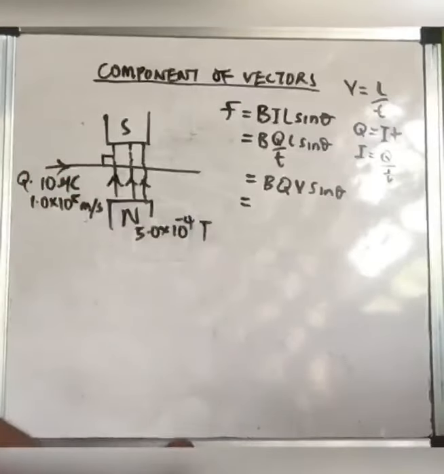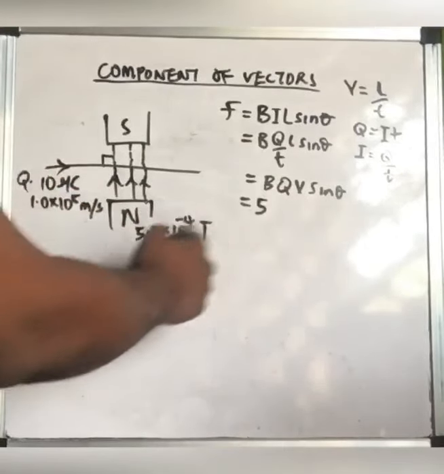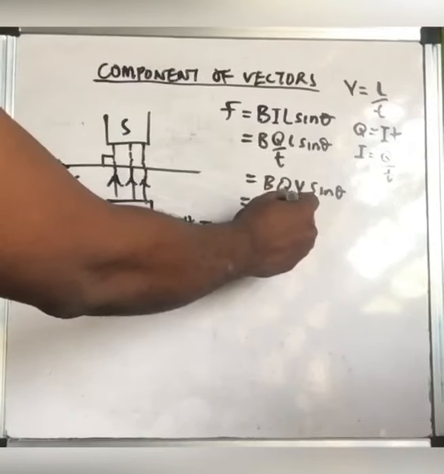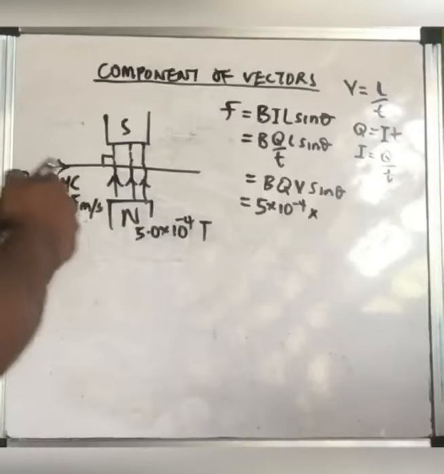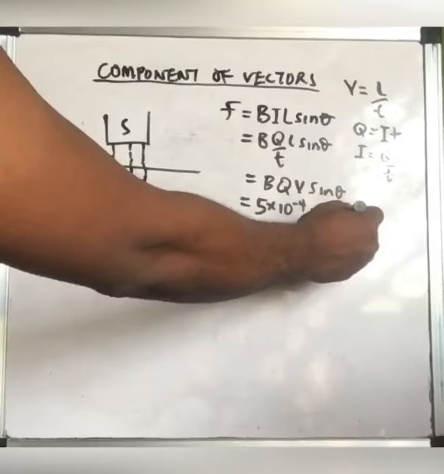So we'll go straight to finding our force. We have 5 exponential minus 4 times 10 microcoulombs. That's 10 exponential minus 6.